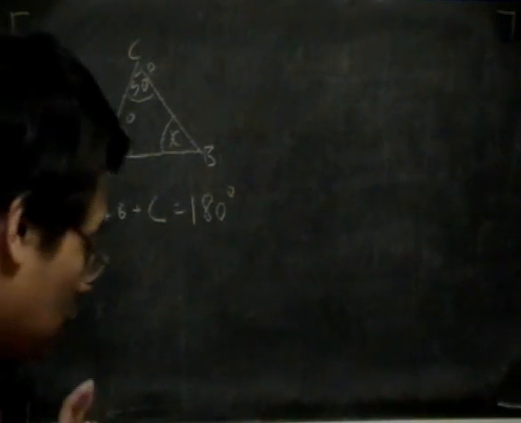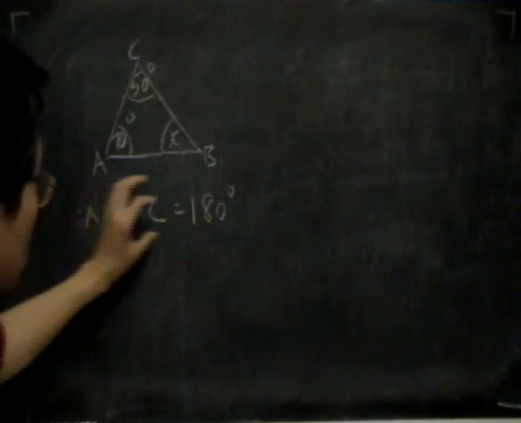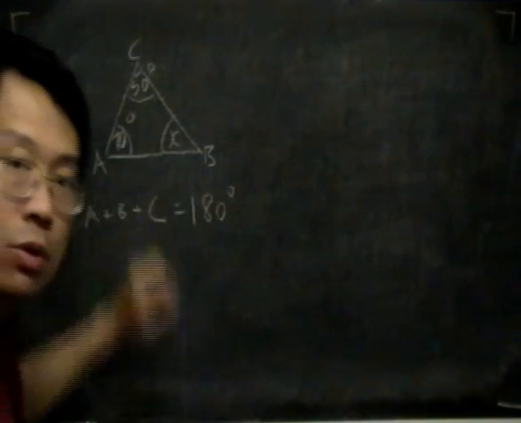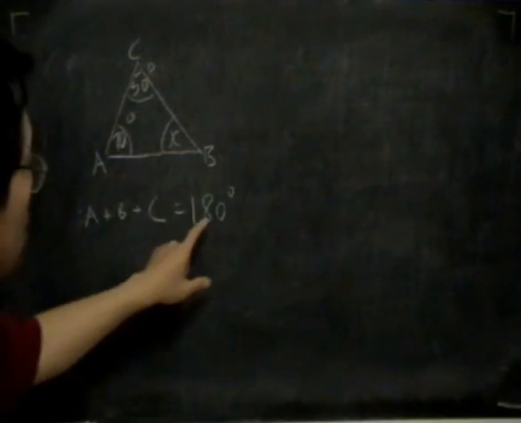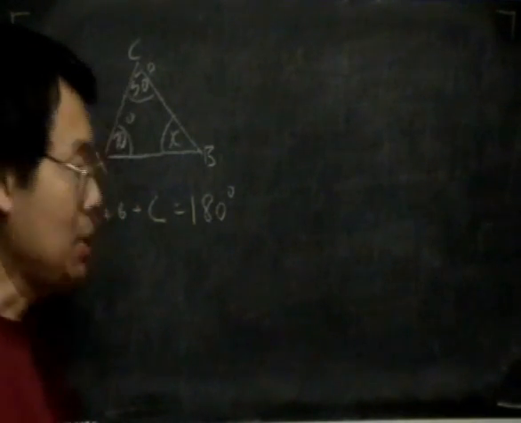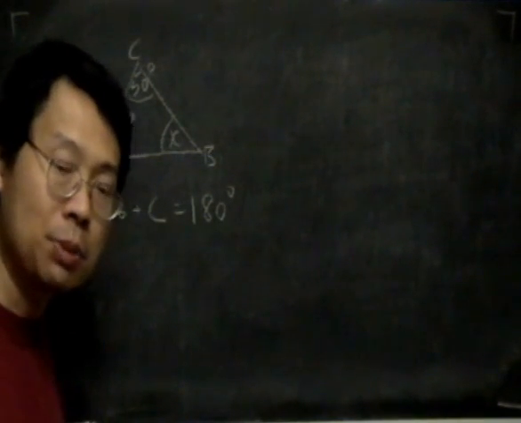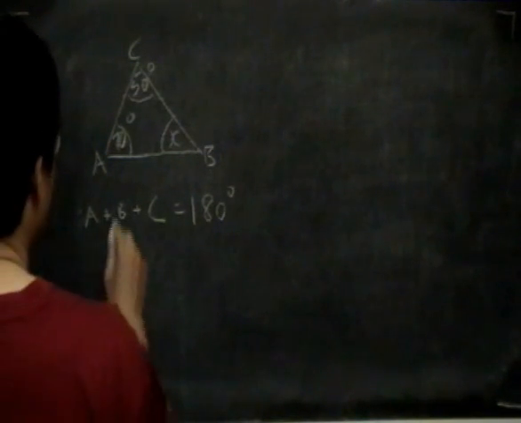So, in order to do this question, you must know this property, that the sum of the angles in a triangle is 180 degrees. That means that if you add up all three angles, the answer must be 180 degrees. So let's write that down.